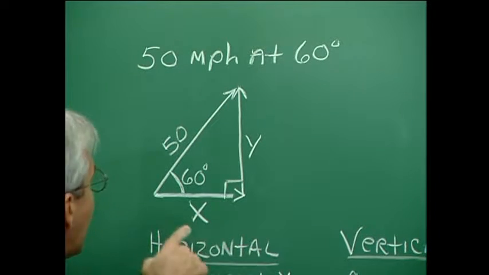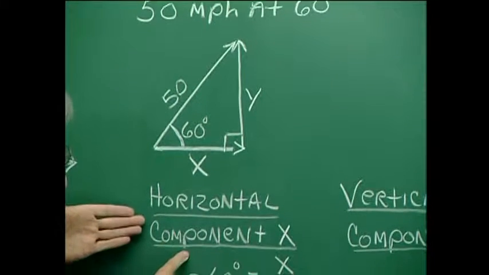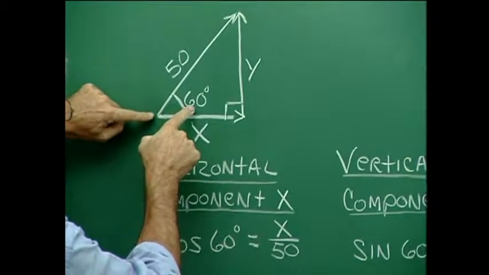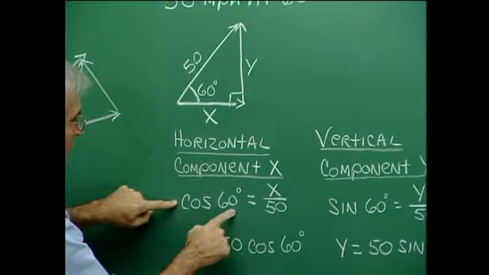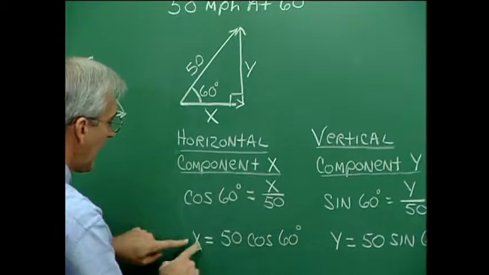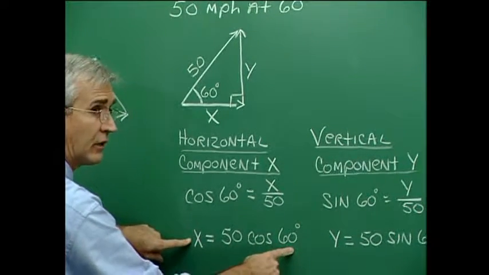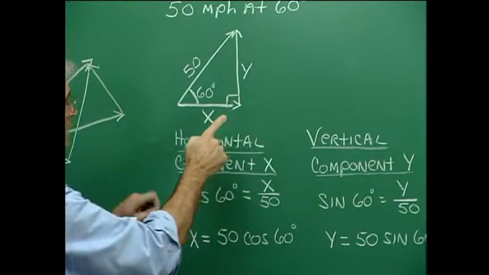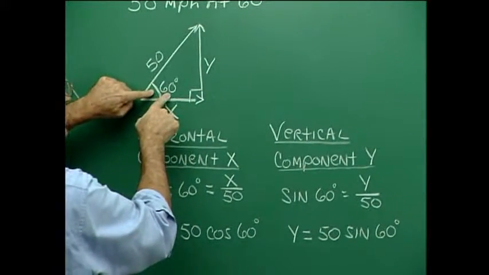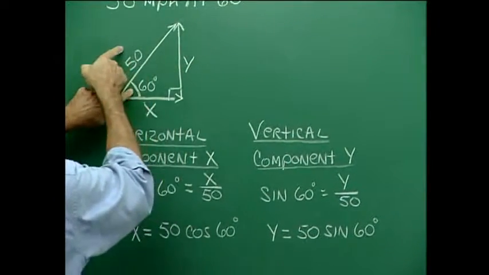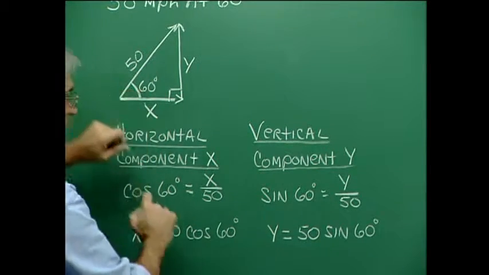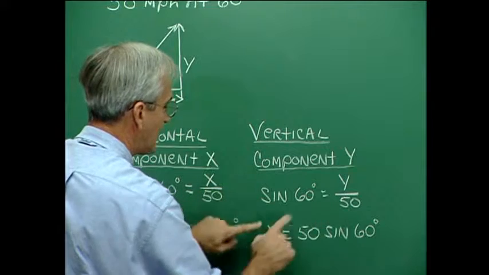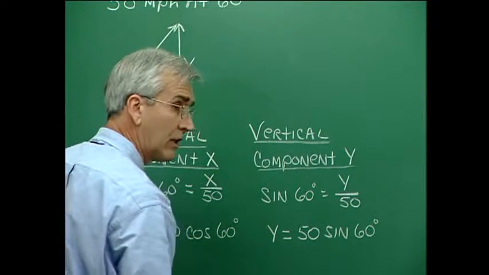All right, for the x component here, for the horizontal component, it's the cosine of 60 degrees, that's x over 50. So cosine 60 degrees, x over 50, x then is 50 cosine 60 degrees. For the vertical component, from the perspective of the 60-degree angle, we're involving y with 50, opposite side over hypotenuse. So it's the sine of 60 degrees that is y over 50, so y then is 50 sine 60 degrees.